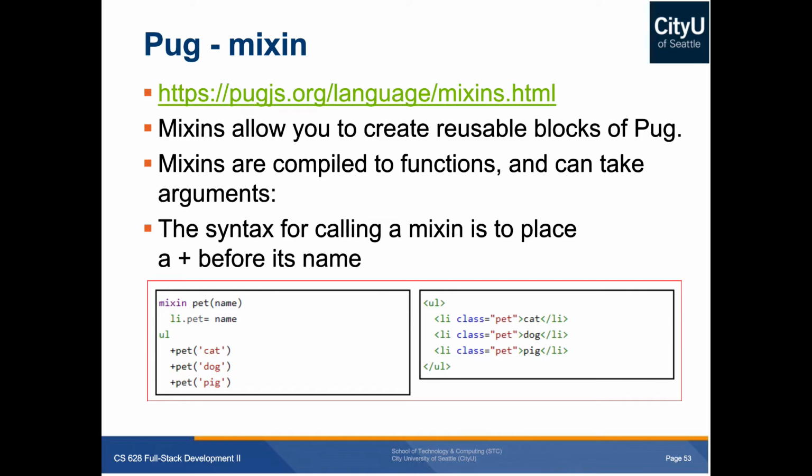So if you have, let's say, a mixin function that takes in a parameter name for a pet, and it will basically return a list item with the pet's name, you can basically use that in your UL and then do a plus pet, because that's now the name of your custom reusable block.